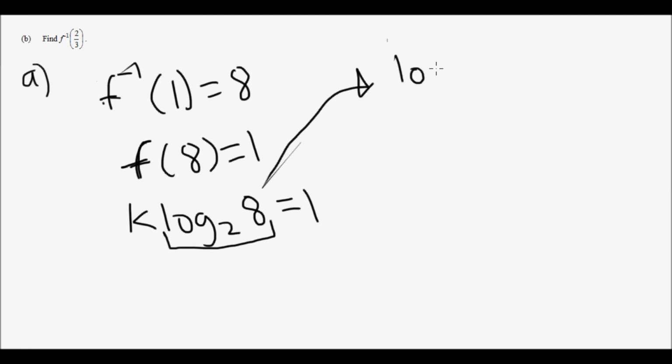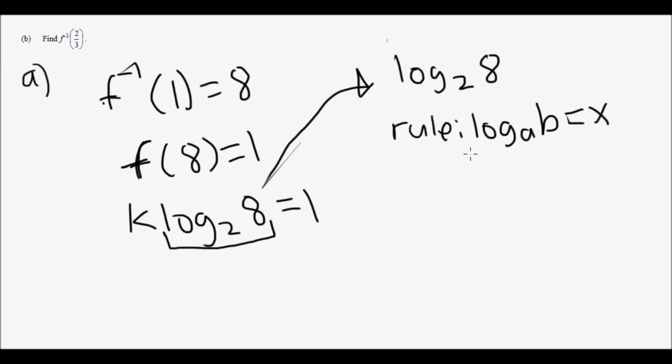So we have log 2 of 8. And previously in the video, I mentioned the rule where we could convert log a b equals x to a to the x equals b. In this case it equals x because it's going to equal some number that we're going to simplify to.